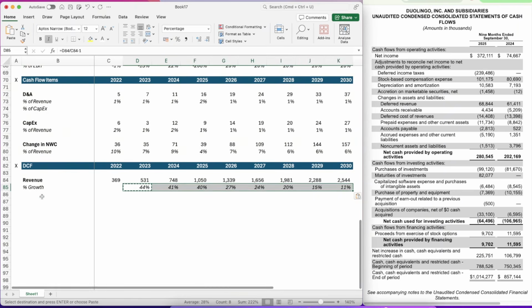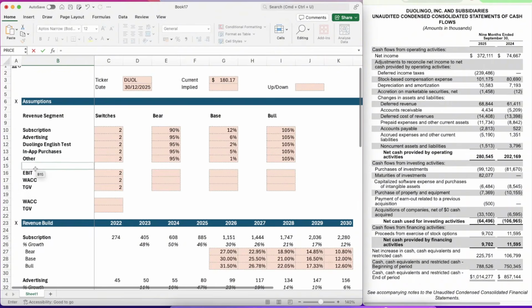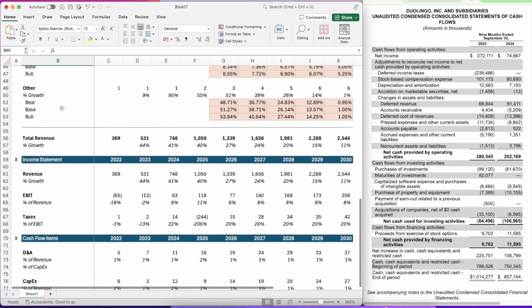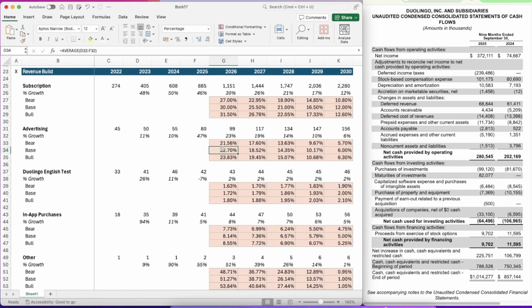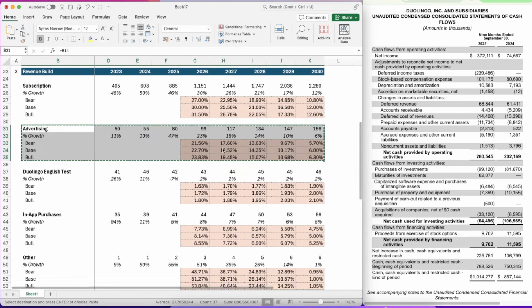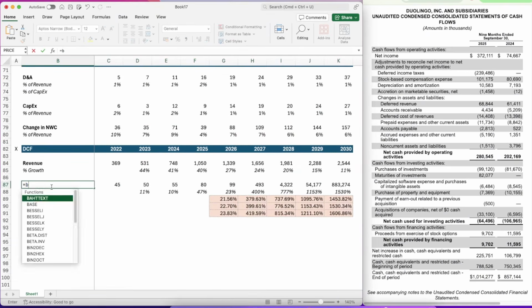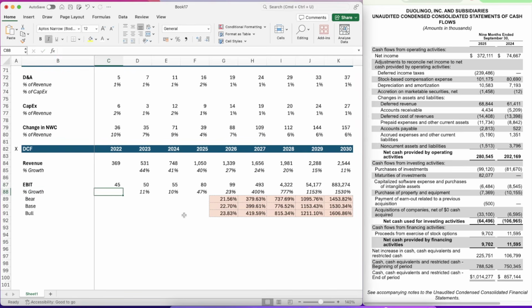So now we're going to calculate the EBIT properly. We need to change it so that this is percentage of revenue rather than percentage growth.